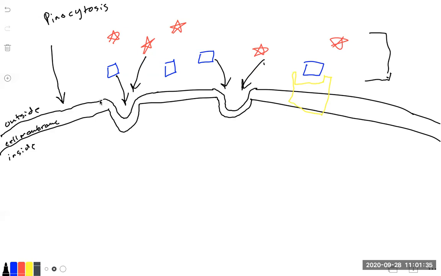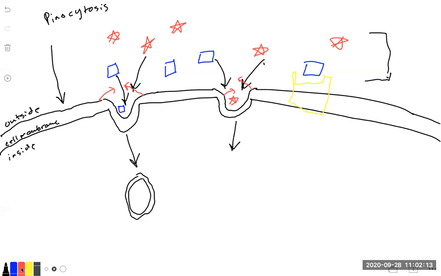What happens? We have proteins on the cell membrane that will push these sides of the membranes together and fuse them like so, with our substances in the pit. So it's drinking all of this matrix, water and all. So what happens next? Well, once these two sides come together and fuse, you have a vesicle.